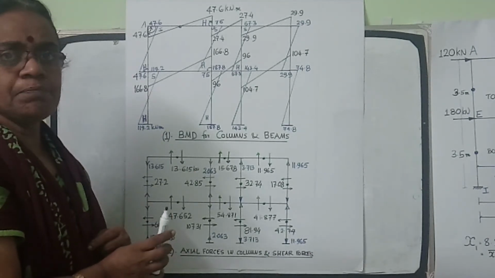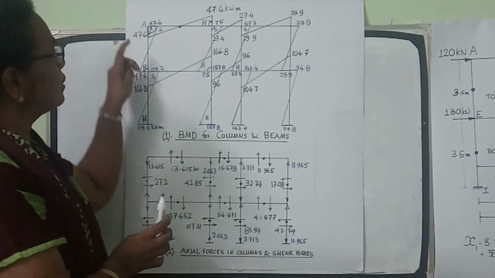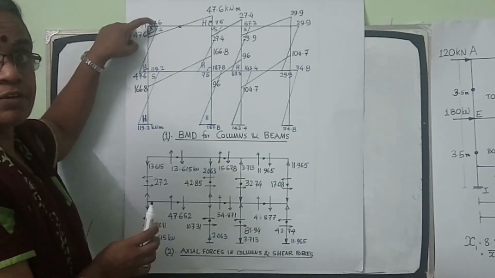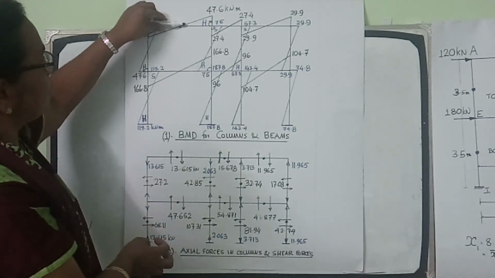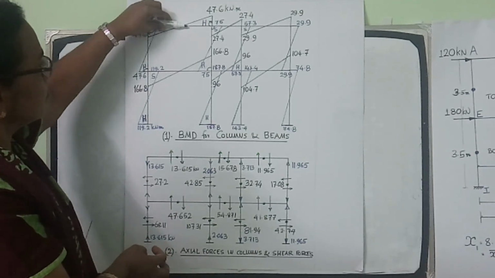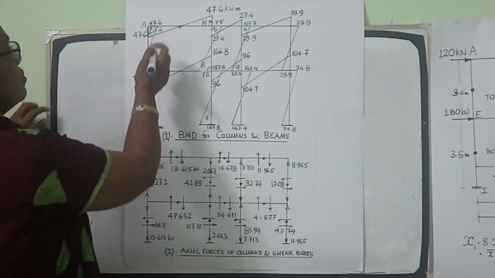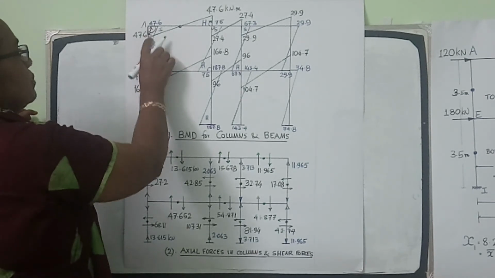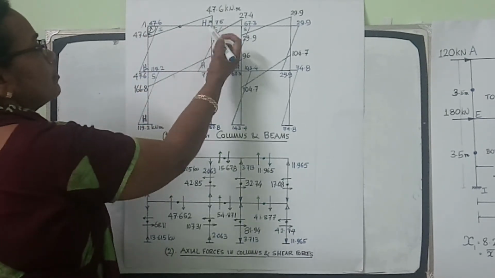Next, for the beam bending moment, the bending moment in the first beam AB is clockwise 47.6. So from A to B you place the pen like this, 47.6 clockwise, it will reach this vertical line. Here also 47.6 clockwise.